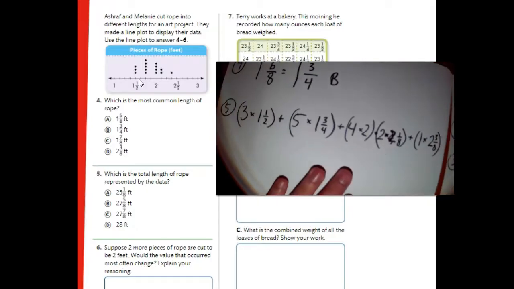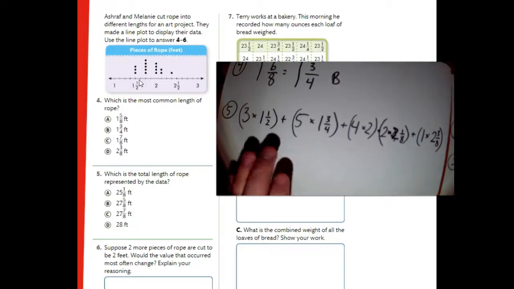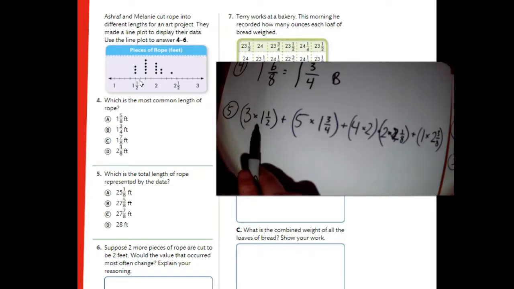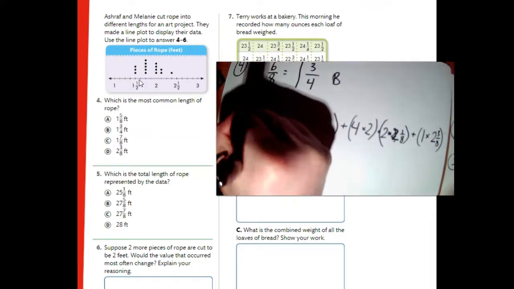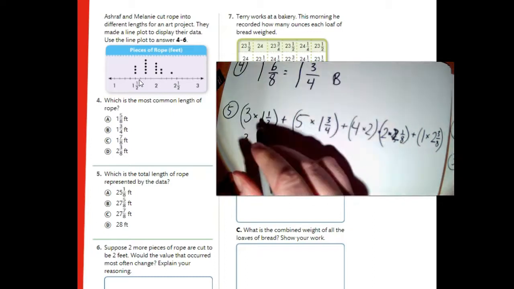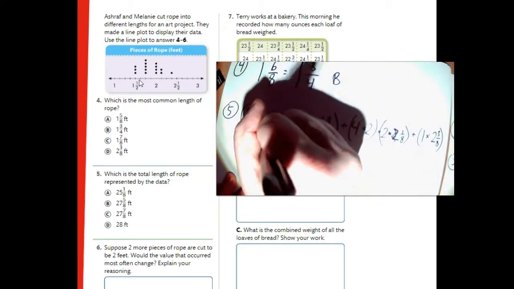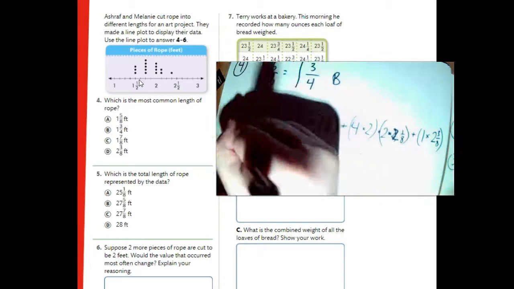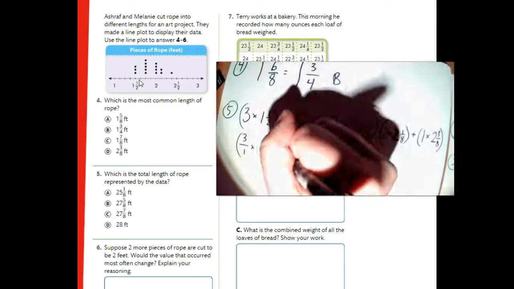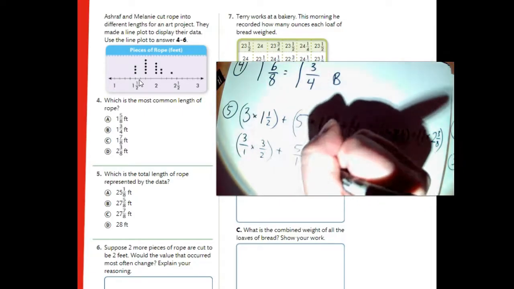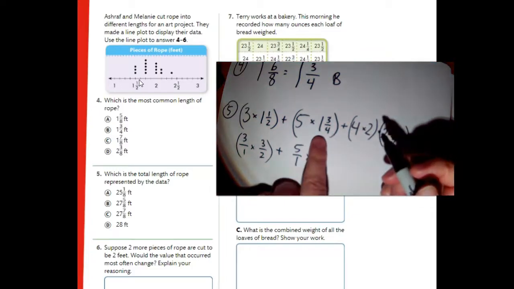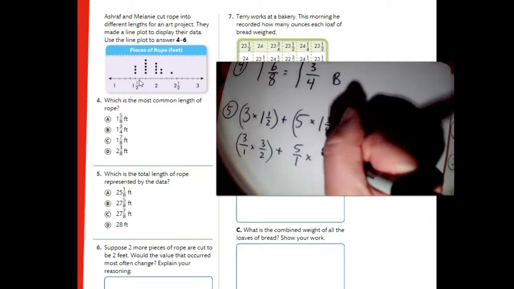So now, once again, big, long addition problem with some multiplication mixed in. So I can multiply. Here I have 3 times 1.5. You could turn these into improper fractions, remember? Think of that as 3 over 1 times 2 times 1, which is 2, plus 1, which is 3, 3 over 2. Think of this as improper fractions. 5 over 1 times 4 times 1, which is 4, plus 3, which is 7.